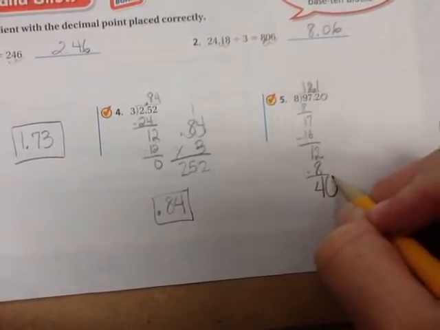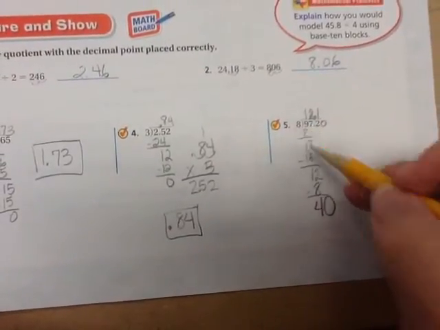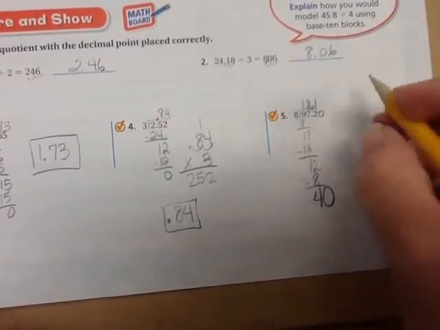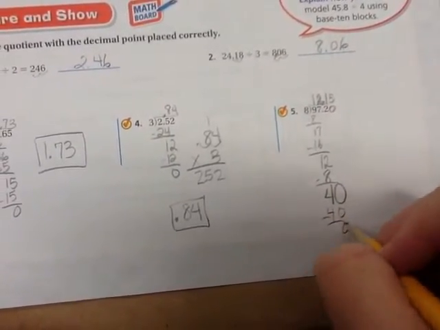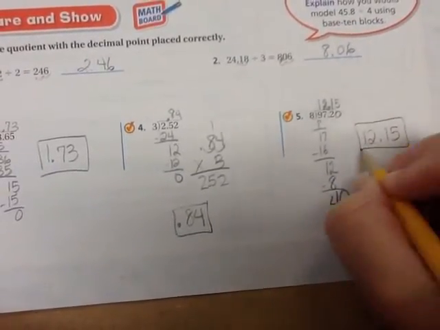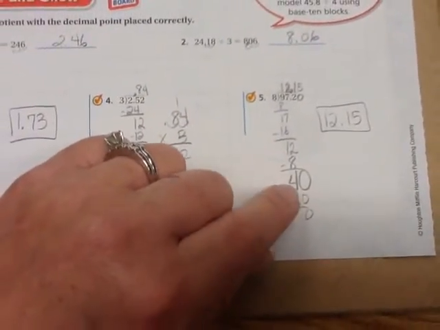So I'm going to bring down my 0 to the 4. 8. Let's try that again. 40 divided by 8 is 5. 5 times 8 is 40. Guess what? So my answer is 12 and 15 hundredths. Again, if you have a remainder, you've got to add your 0 and continue going, and continue splitting it up.